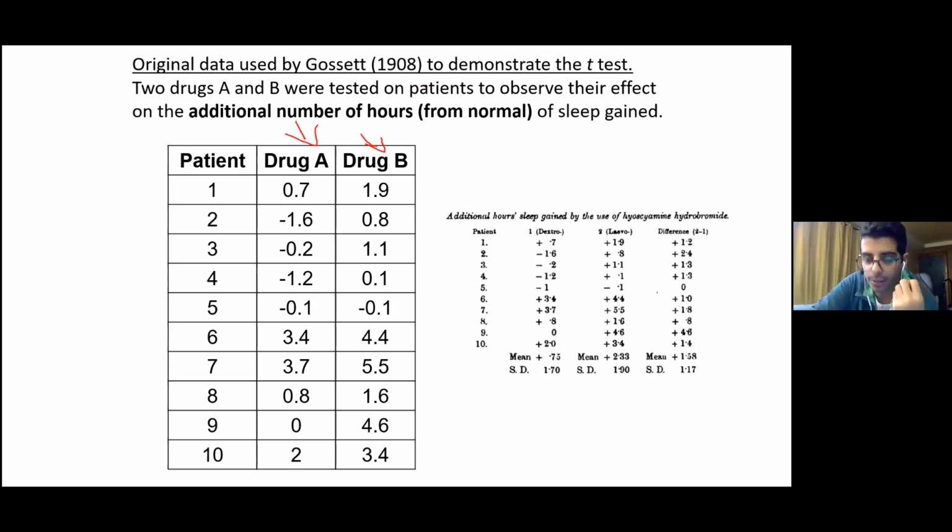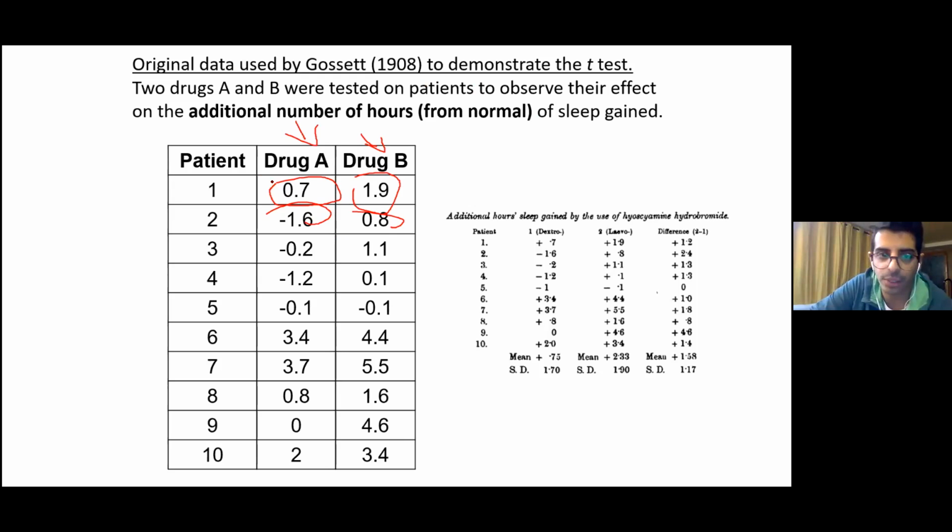I hope this makes sense to all of you. This is just convention. So here, for example, when patient 1 took drug A, he slept for around 0.7 hours more than 8 hours. When he took drug B, he slept for around 2 hours more. Same thing with patient 2, and so on.